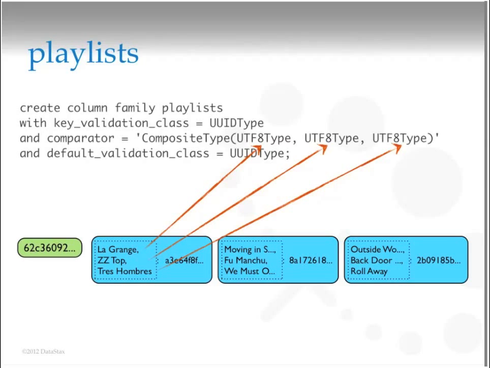Then you can say alter table playlist, rename column 1 to title, and rename column 2 to artist. You can give CQL that extra metadata without having to do any rewriting of your data on disk.